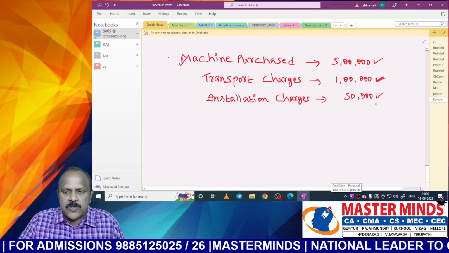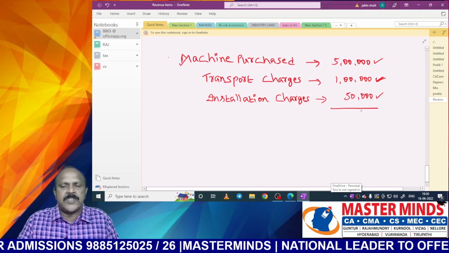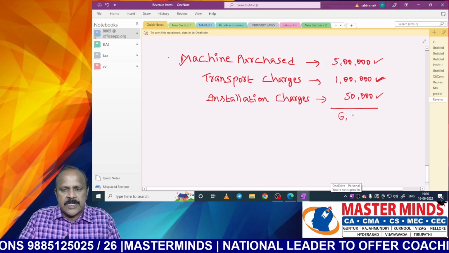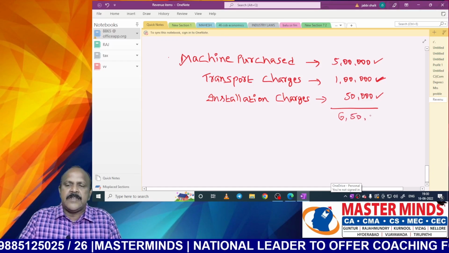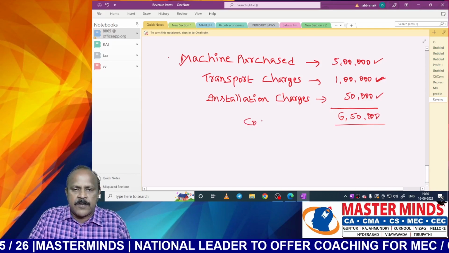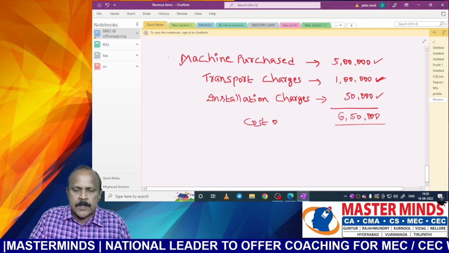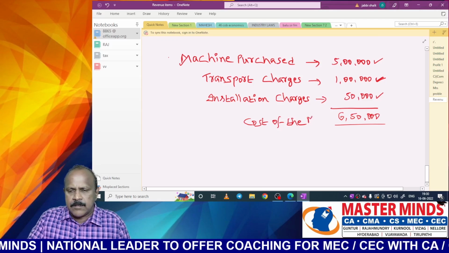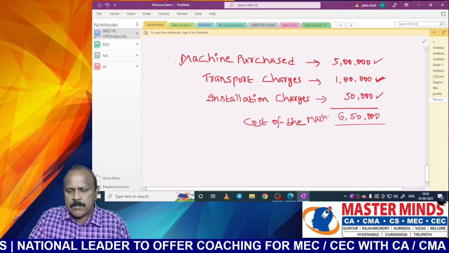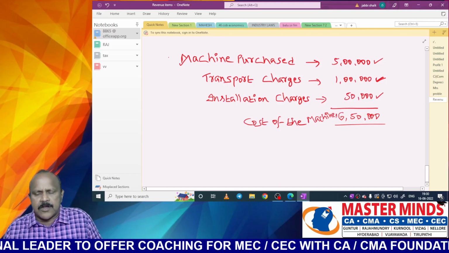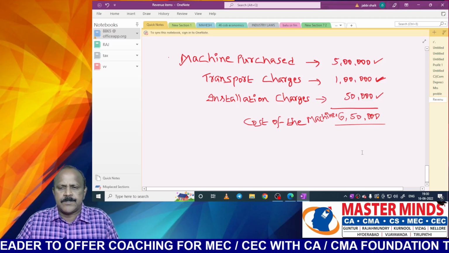So, this is also classified as capital expenditure. The total amount of capital expenditure incurred in this case is 6,50,000, which we call the cost of the machine.